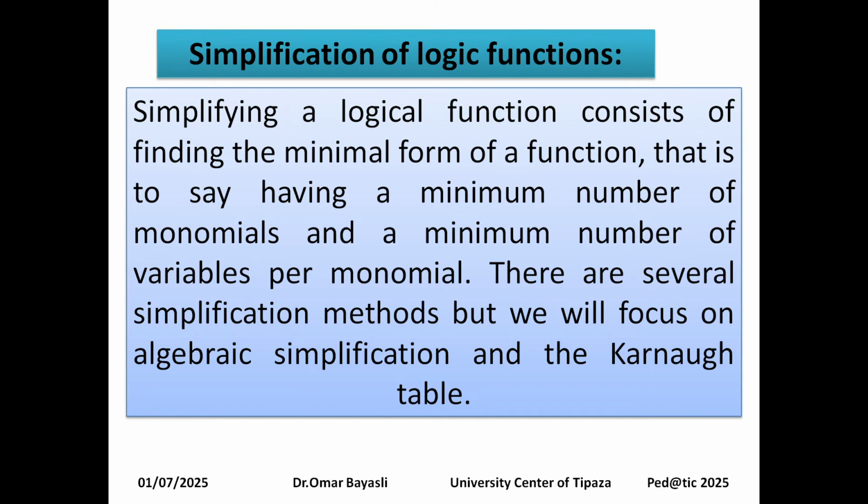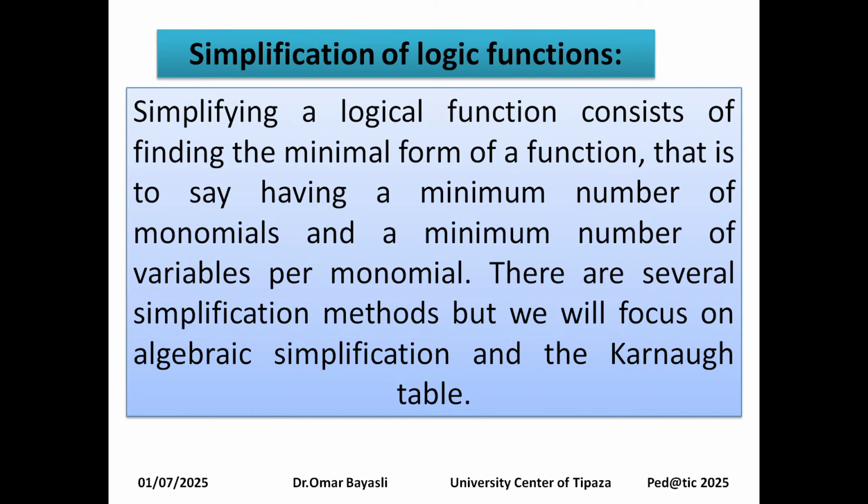The simplification of logic functions consists of finding the minimal form of a function. That is to say, having a minimum number of monomials and a minimum number of variables per monomial.